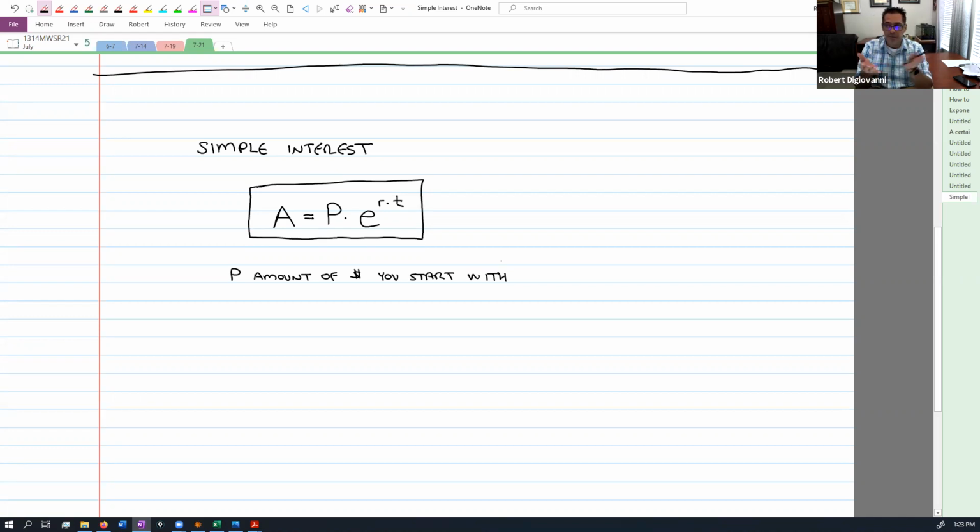You go buy that $2,000 computer, your P would be 2,000. r here is the interest rate, and when you're using the formula, you want to always convert it to a decimal. t is time, and that's measured in years.